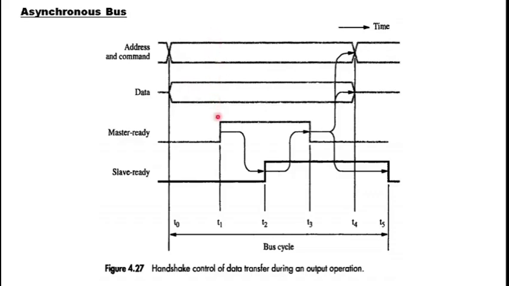Suppose it takes until T1 for all the slaves to get a uniform view of address, command and data. Okay, so by T1 we assume that all the skew has been compensated. At T1 the master gives the master ready signal so that the required slave can start the processing. Okay, so the master ready signal is triggered at T1.